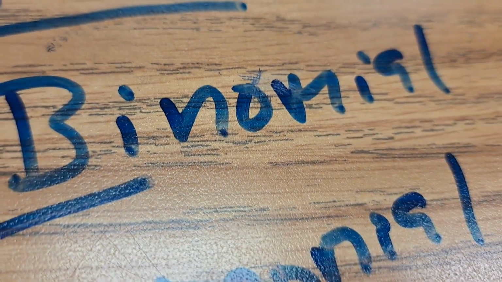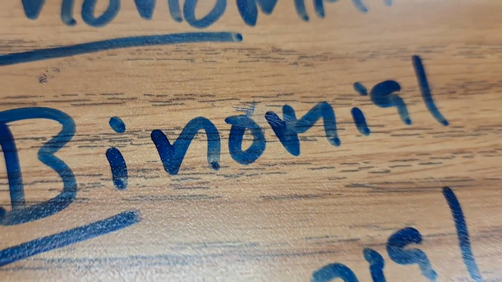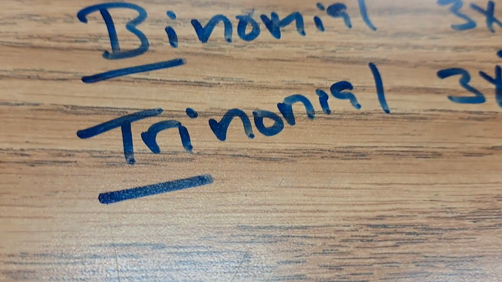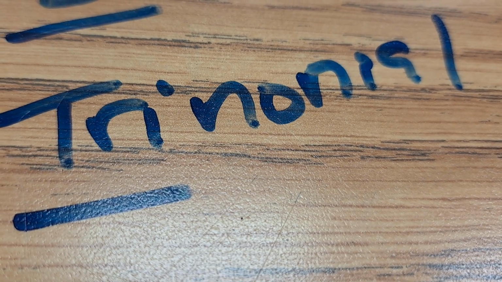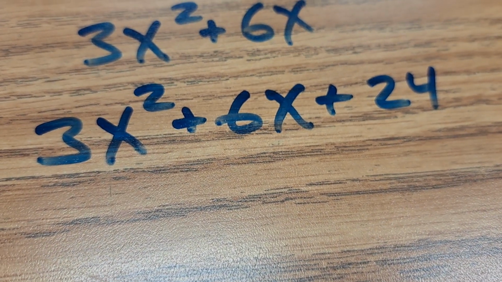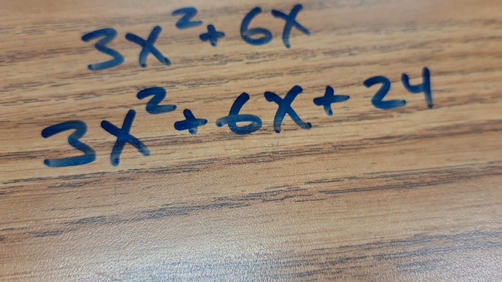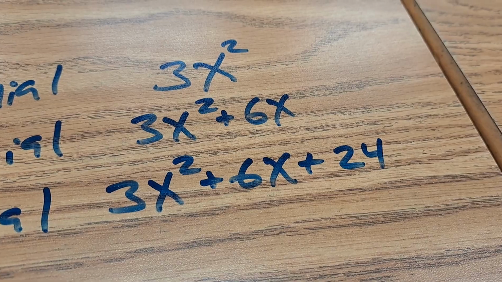That's a binomial. And then "tri," T-R-I, means three. It's Latin, so that means three. So here we go, 3x squared plus 6x plus 24. So what we're going to show you is something that involves all of this.